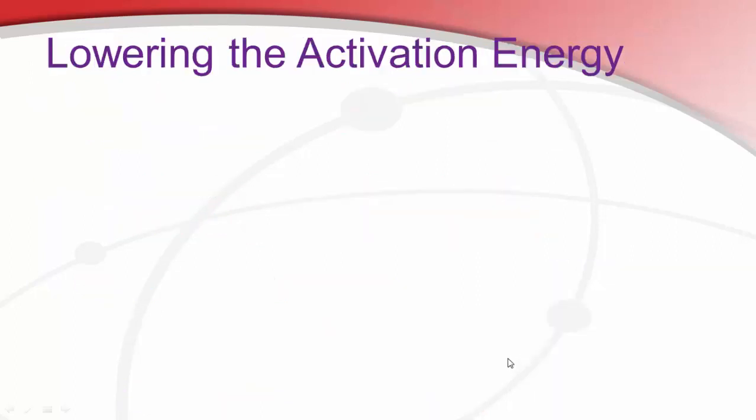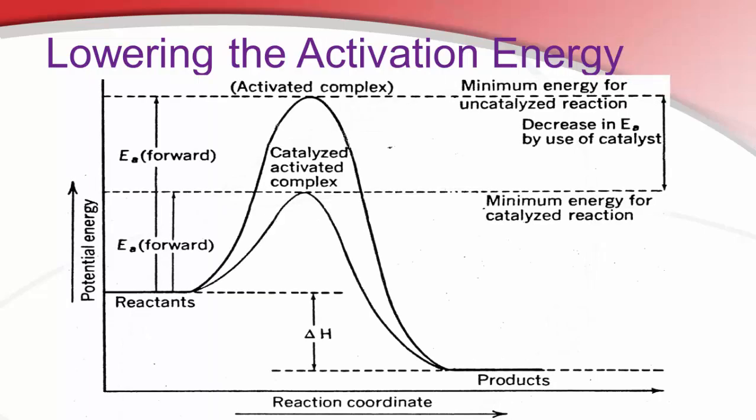So how do these catalysts work? Essentially, they act to change the reaction mechanism and thus lower the activation energy for a reaction. So let's take this graphic here, and our first curve up top is our uncatalyzed reaction.